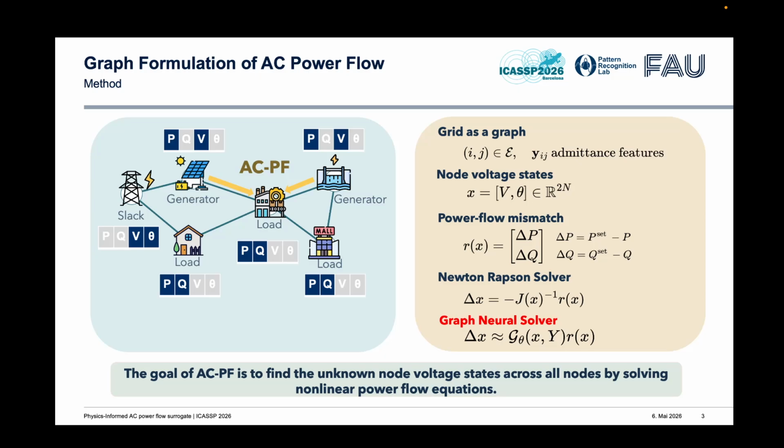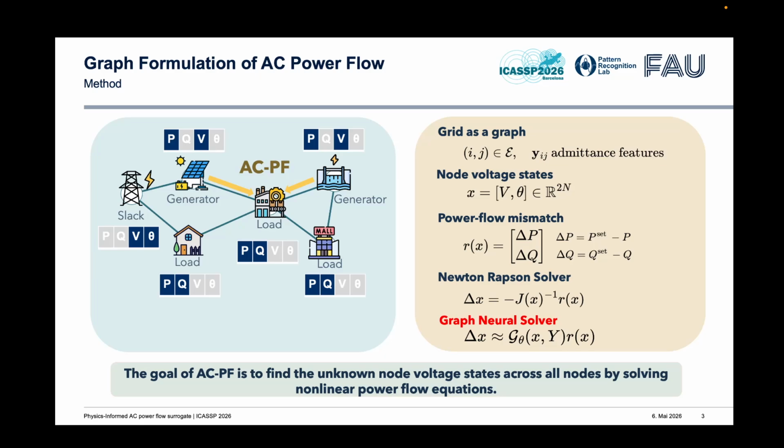The node features are P, Q, V, theta, which are active and reactive power, voltage magnitude, and voltage angle. So here, the goal of AC power flow is to find the unknown node voltage state across all the nodes by solving AC power flow equations, P and Q in terms of V, theta, and admittance features.